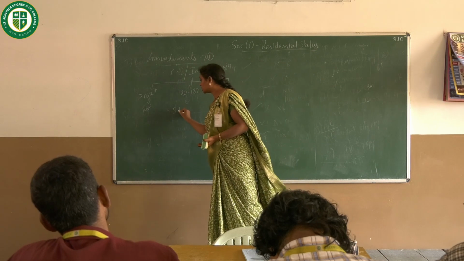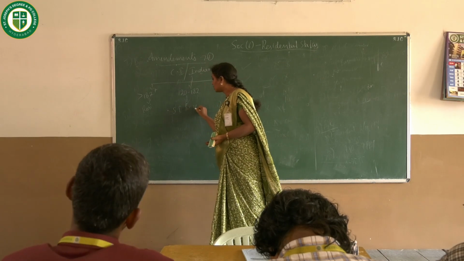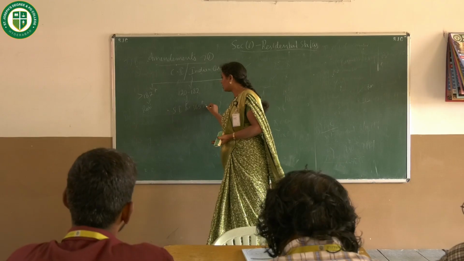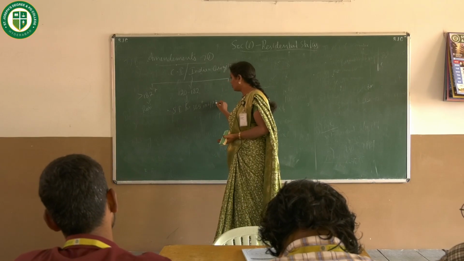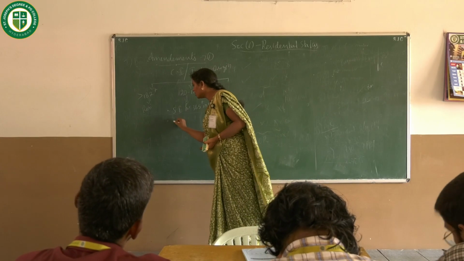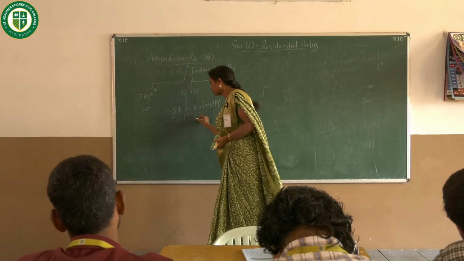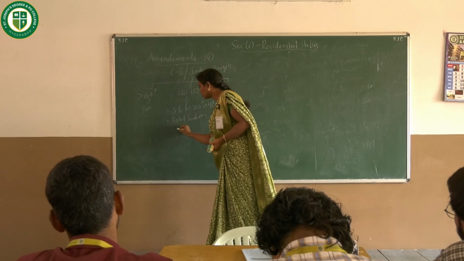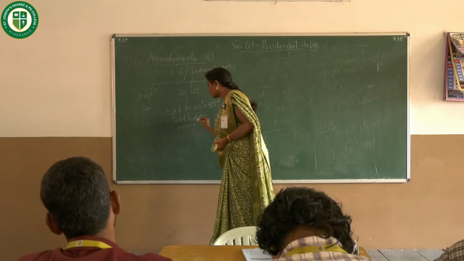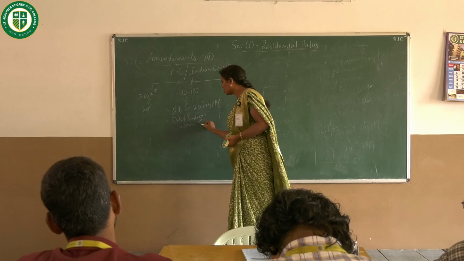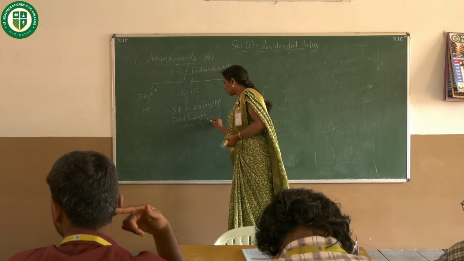First one is he should stay in India for 365 days or more in the 4 preceding previous years, and his total Indian income should not exceed 15 lakhs.